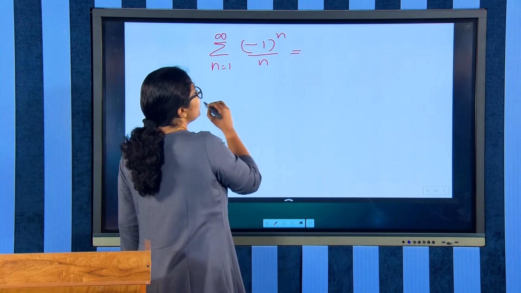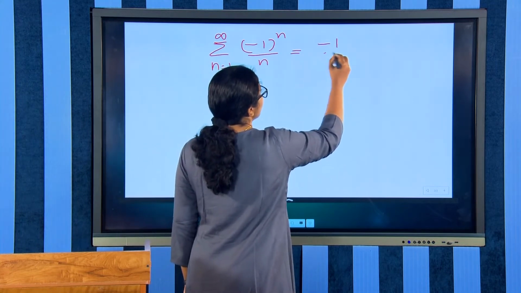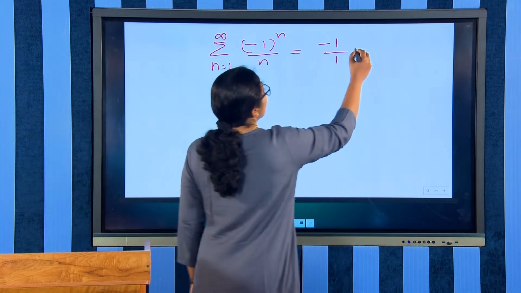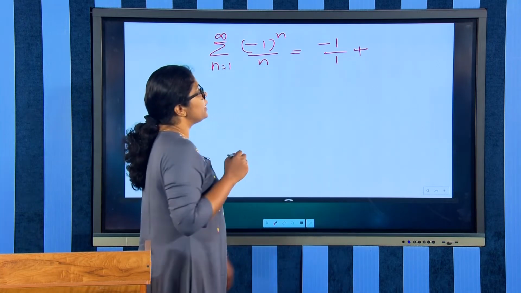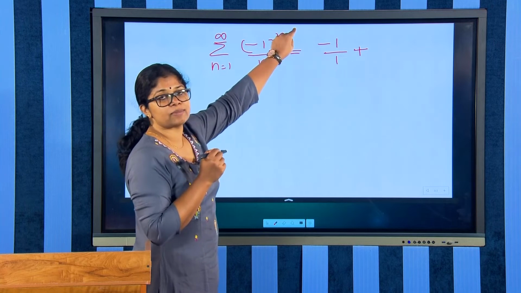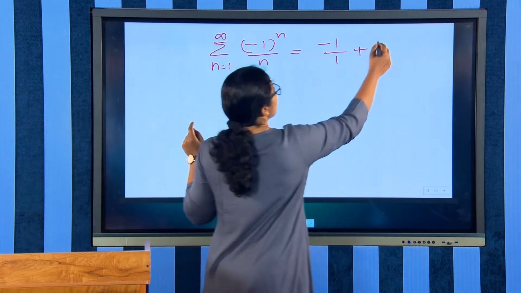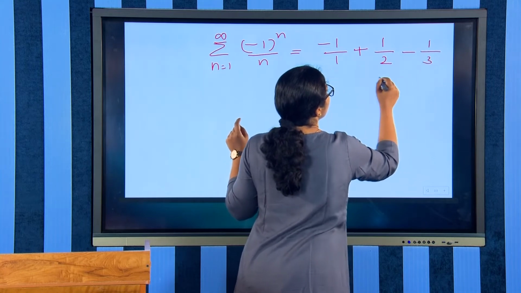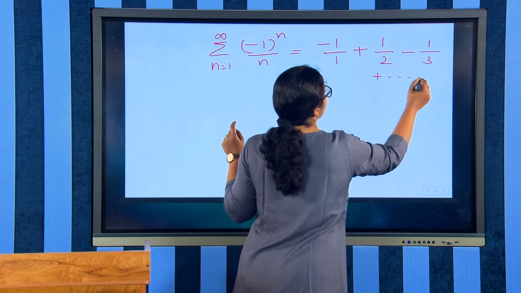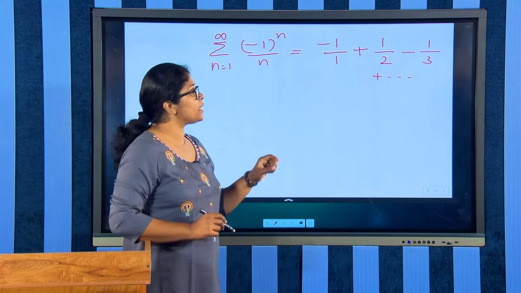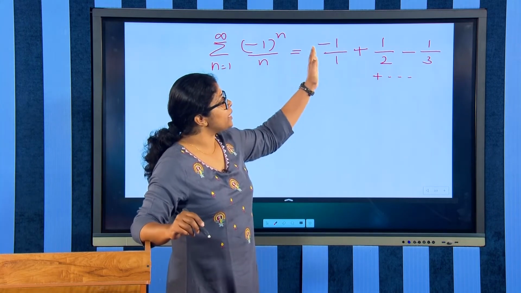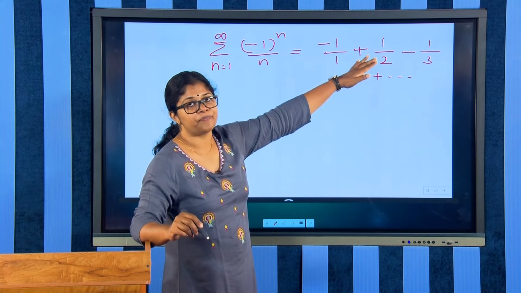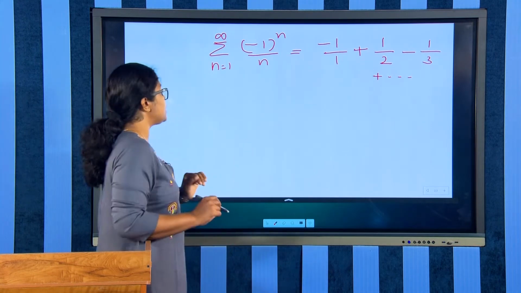If you put n equal to 1, we can see it is negative 1 upon 1. If you put n equal to 2, negative 1 power 2 becomes positive, so that is 1 upon 2, then negative 1 upon 3 and so on. So, we can see that the terms are alternatively negative and positive, and so this is an alternating series.